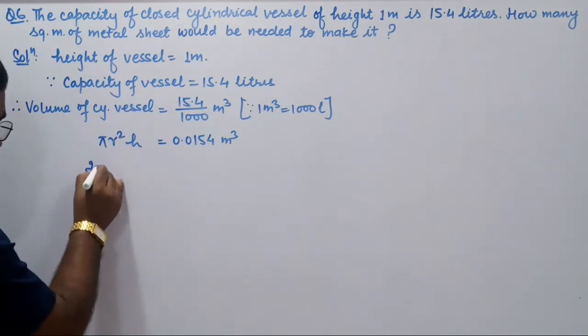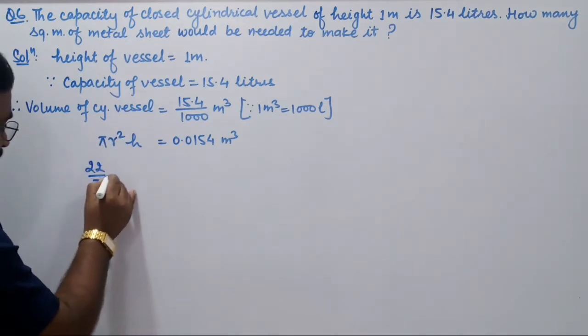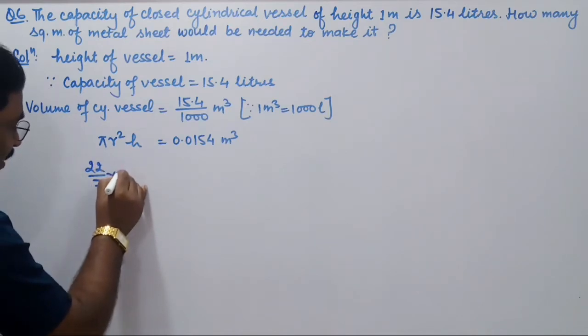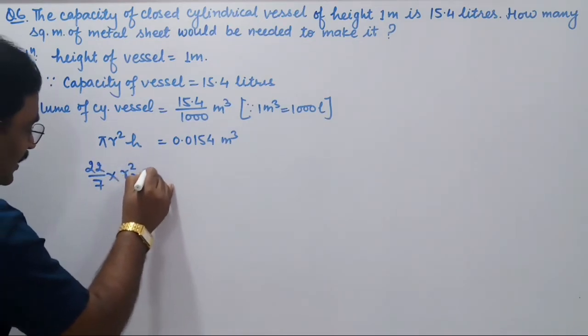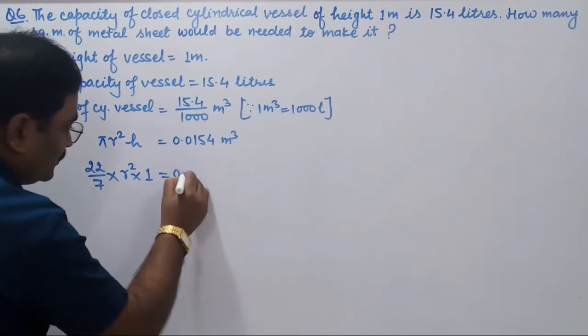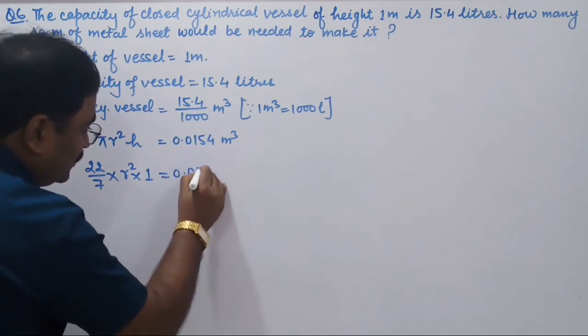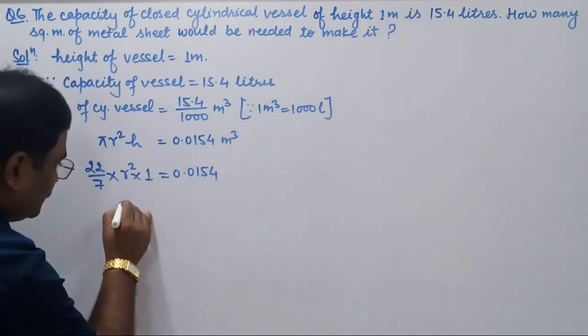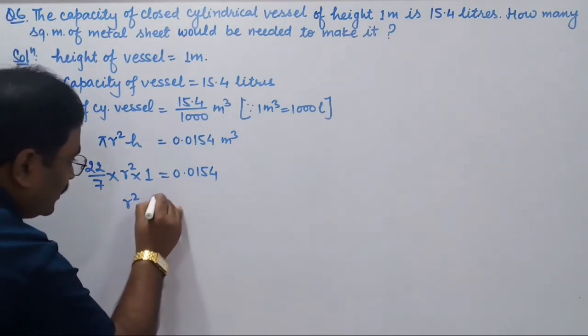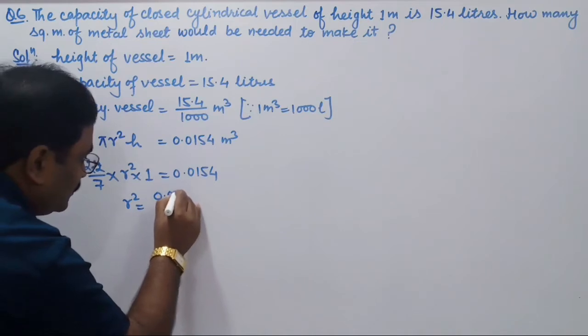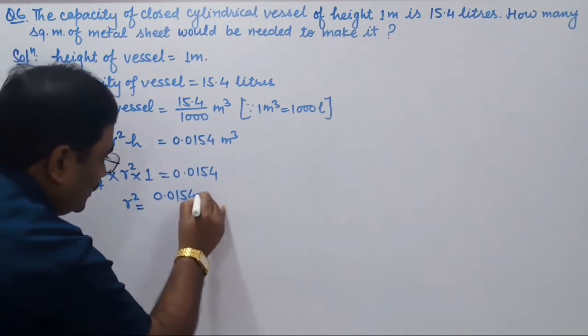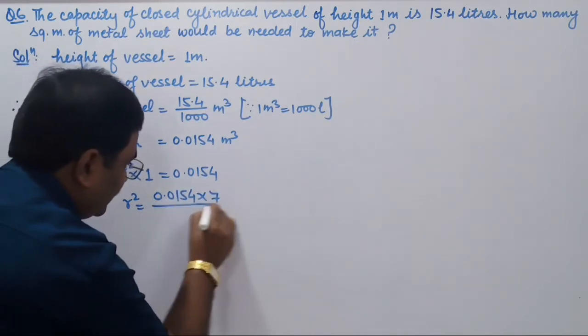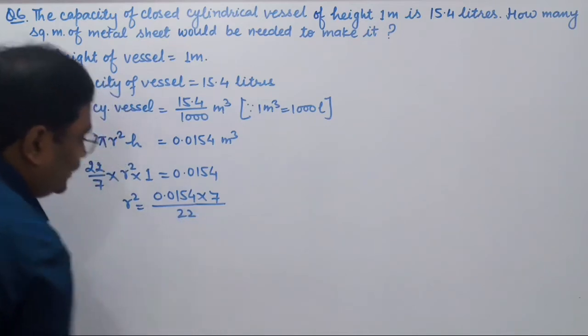Pi is 22/7, radius we are going to find out, height is 1 meter, which is equal to 0.0154. So r square is equal to 0.0154 multiplied by 7 divided by 22.